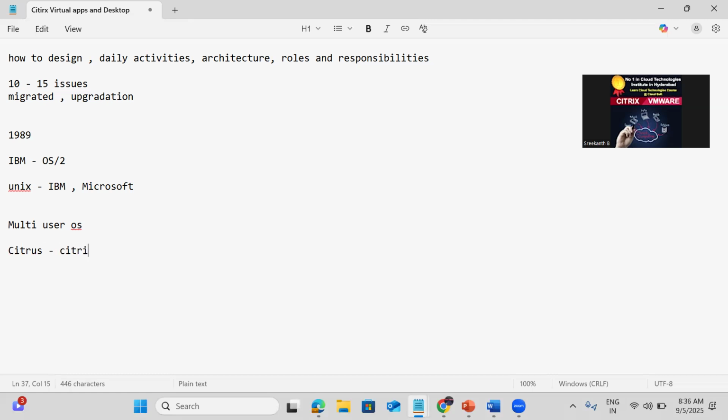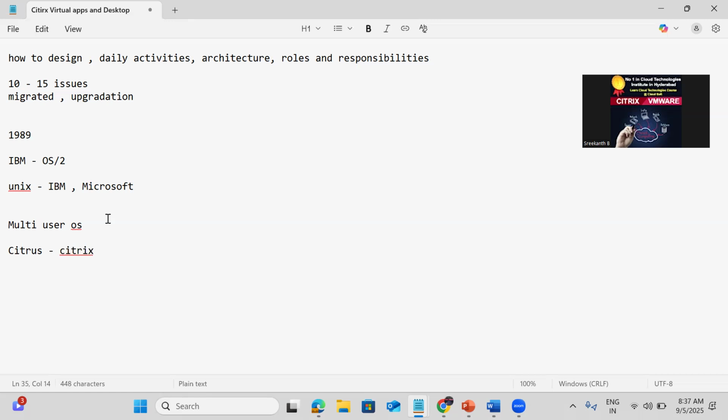So, Citrus plus Unix, they changed it to Citrix. They renamed it.